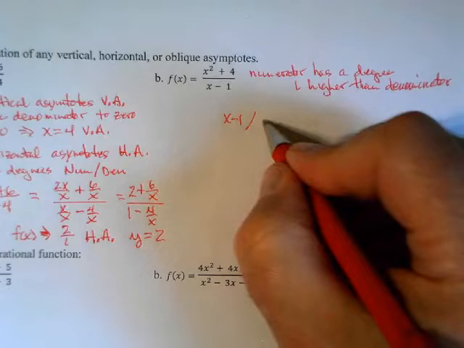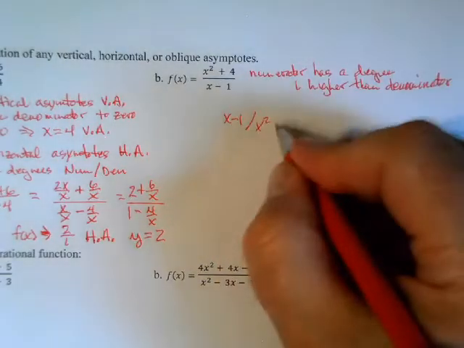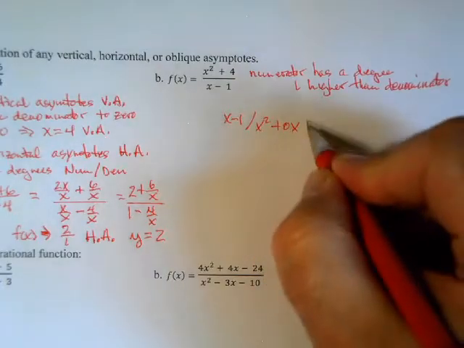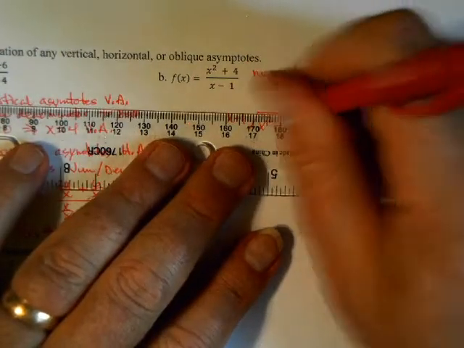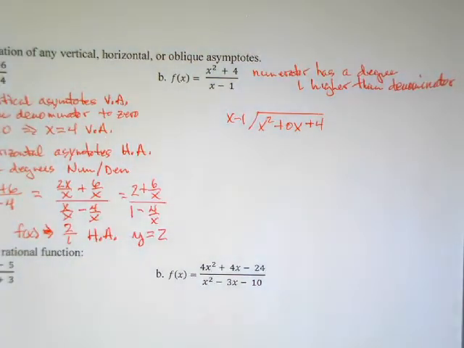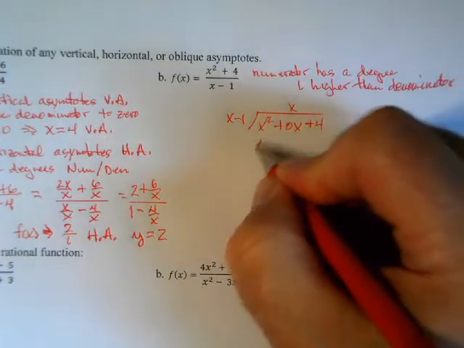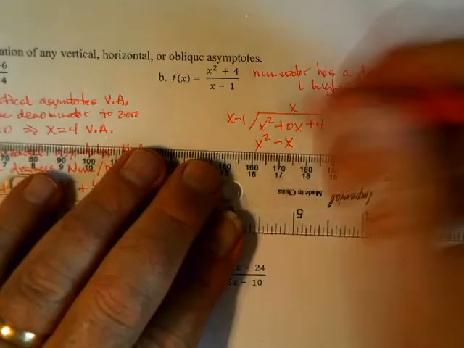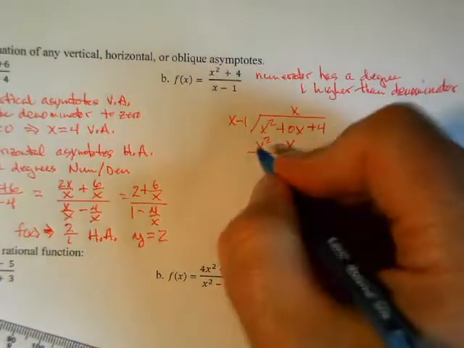We don't have an x term in the top part, so we've got to put one in. So I need an x. X times x will give me x squared. Subtract. I want to subtract all of that.